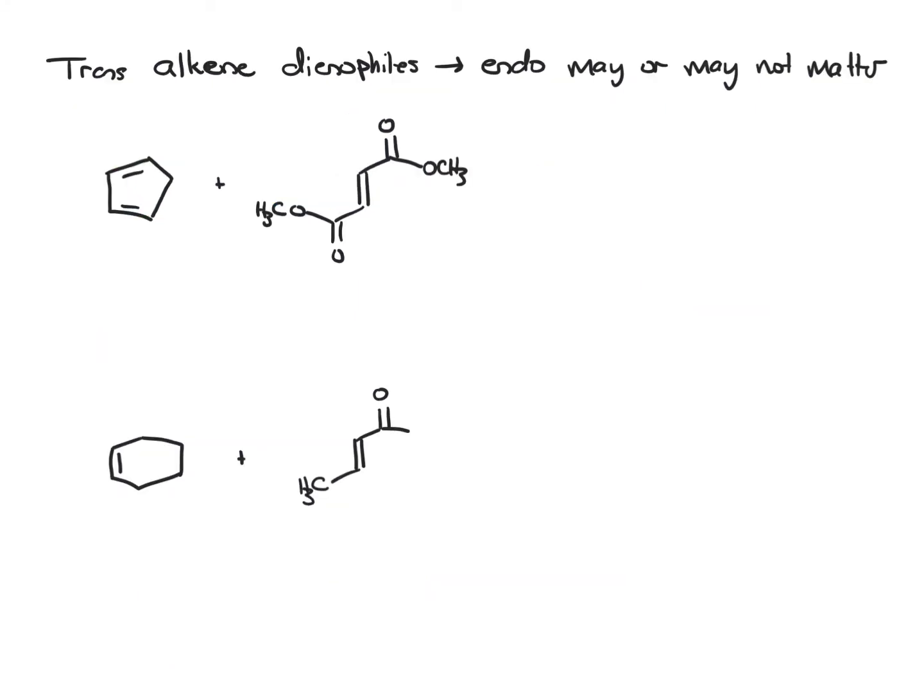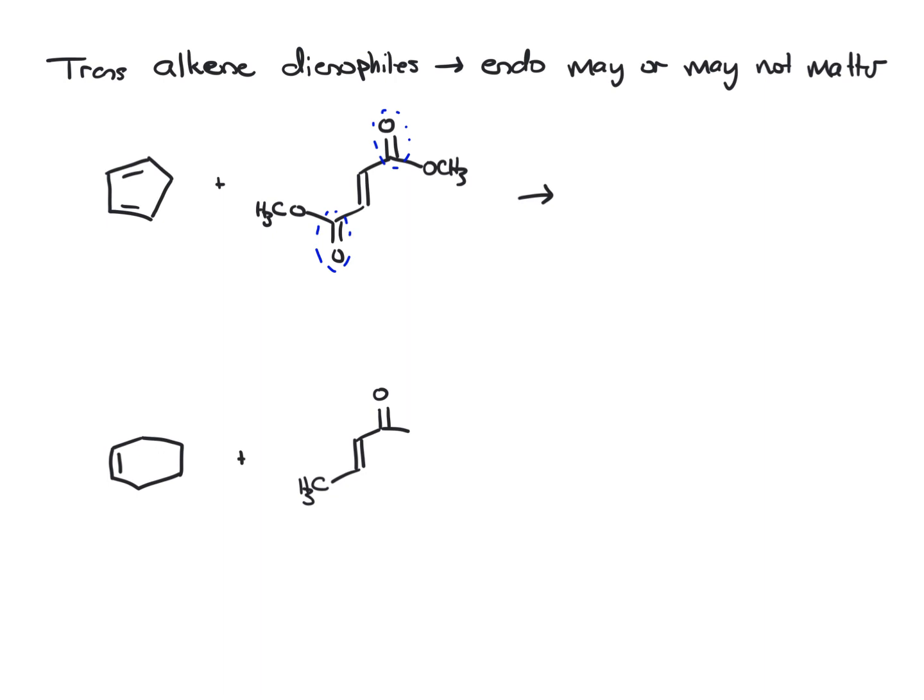When your alkene dienophile is trans, the endo approach may or may not matter, and it depends what the groups are. So for example, in this first one, we have the trans alkene, but both of our groups have the carbonyl, so one's always going to be back and one's going to be out.